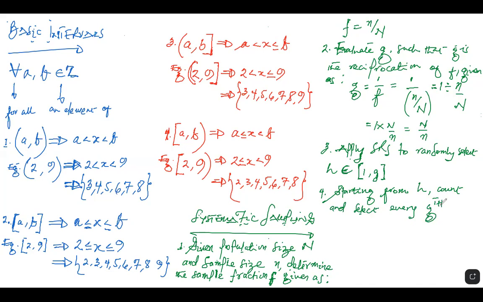So now G has become a position. When I say gth, for example, if G is 4, gth would simply mean the fourth. So we are positionalizing the value. So starting from H, count and select every gth.